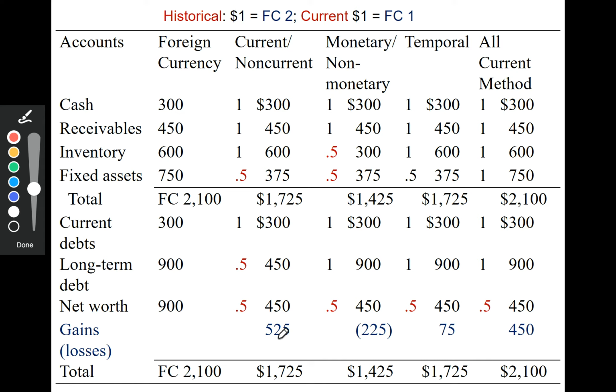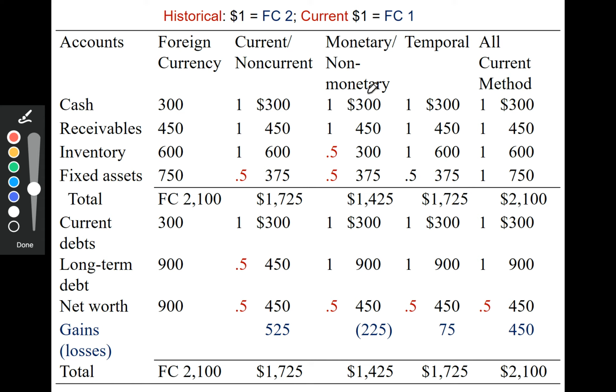So translation would lead to losses or gains under current and non-current. In this example, it gave us a gain of 525, and this gain would also go into our income statement and add up to our profit, and that's something that we complain about in multinational companies about current non-current methodology.